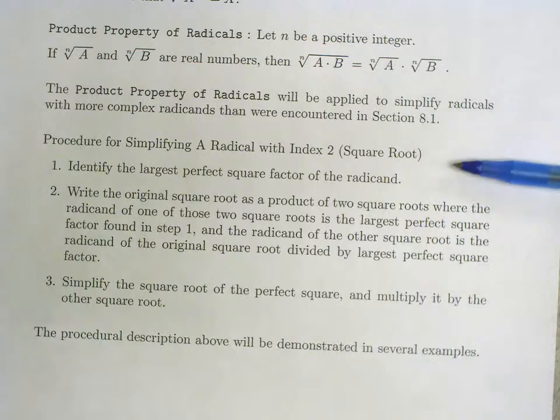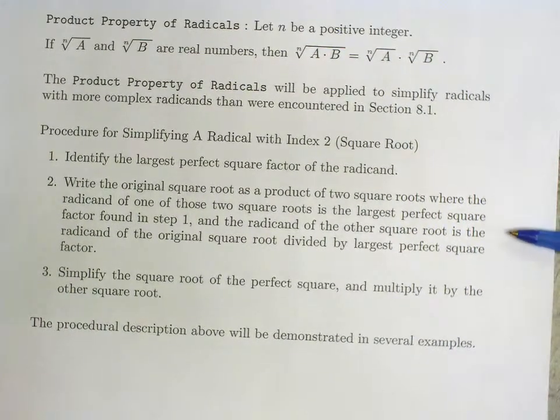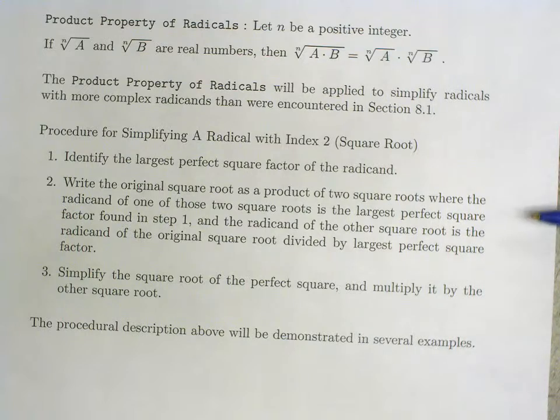So first we'll start with the square root. The procedure for simplifying a radical with index 2, that's the square root: we identify the largest perfect square factor of the radicand, and then we write the original square root as a product of two square roots, where the radicand of one of those two square roots is the largest perfect square factor that was found in step 1, and the radicand of the other square root is the radicand of the original square root divided by the largest perfect square factor.